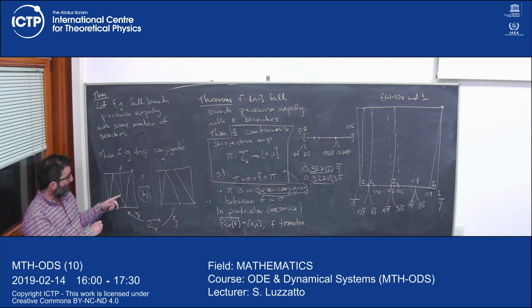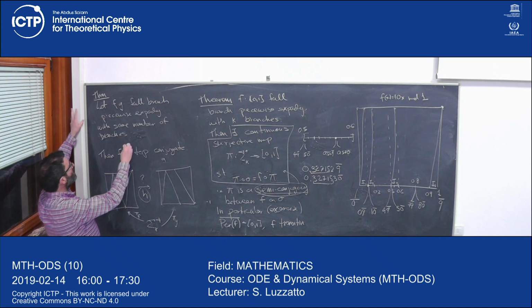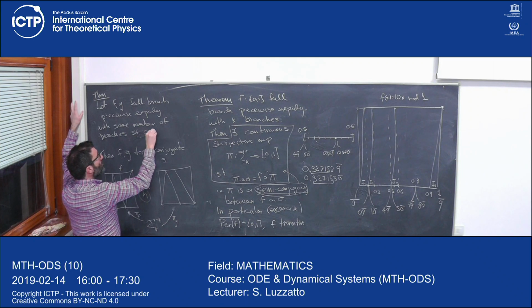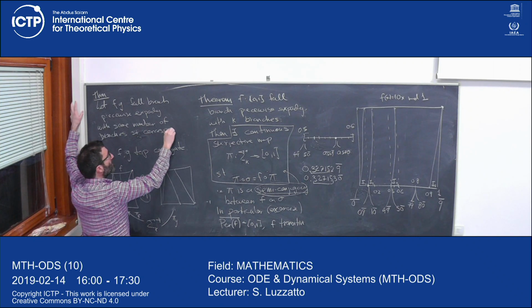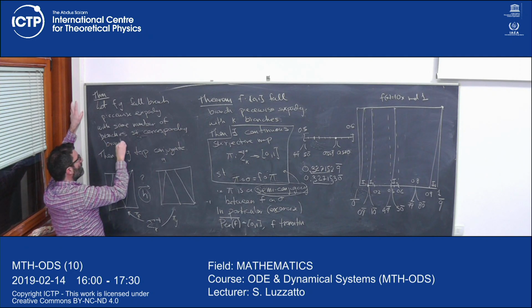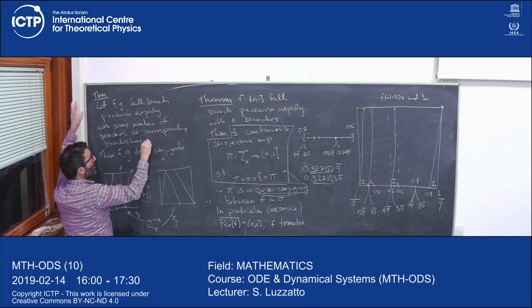So what we have to add, and this is the easiest way to say it though not the most efficient, is that they have the same number of branches, such that corresponding branches have the same orientation.